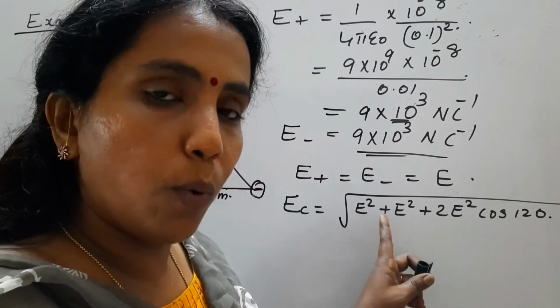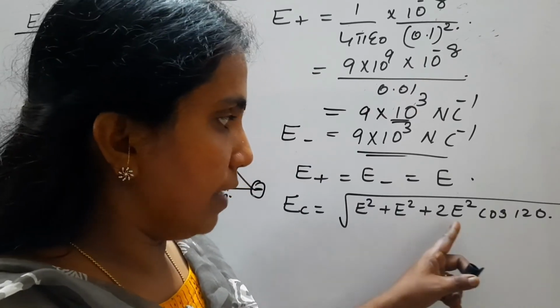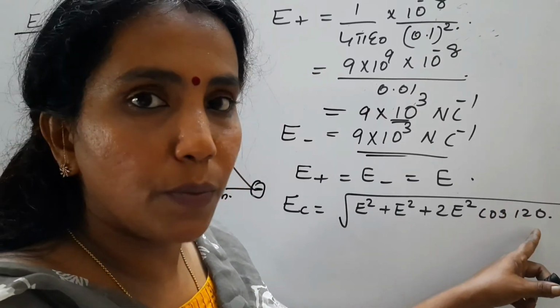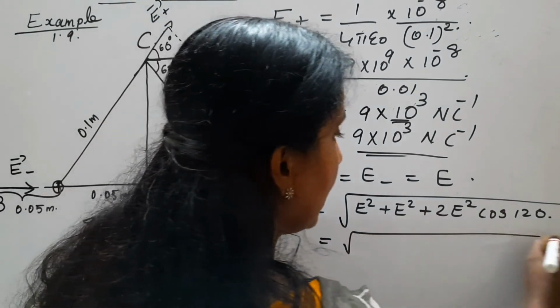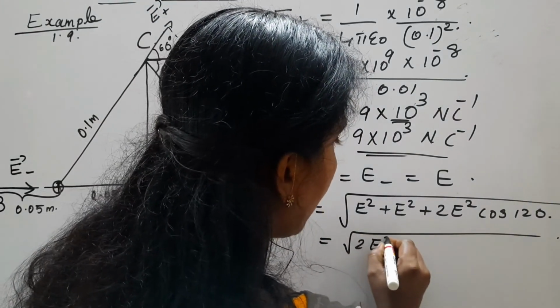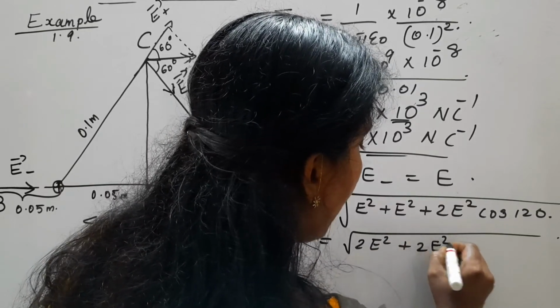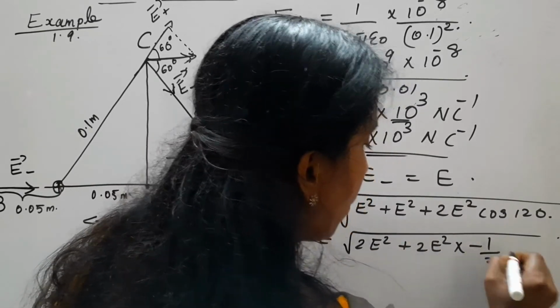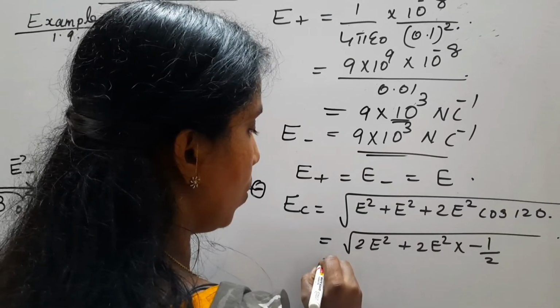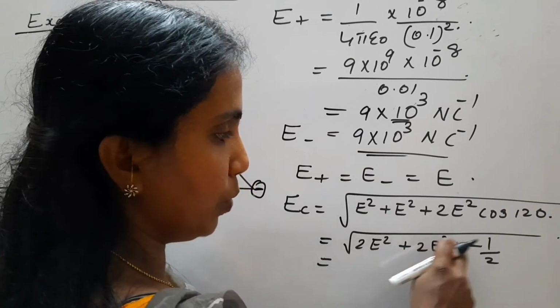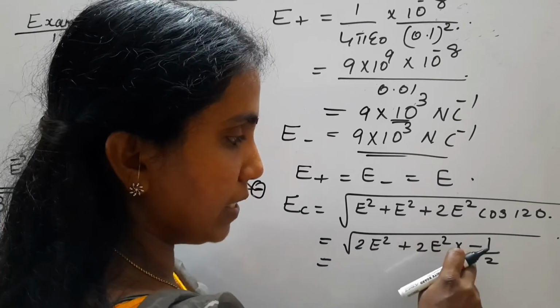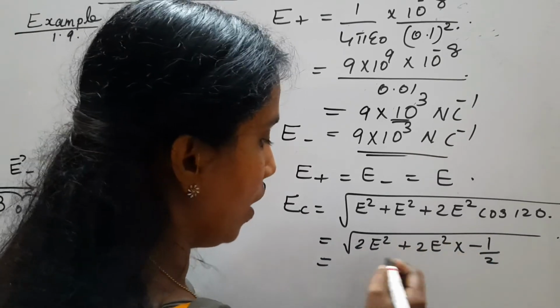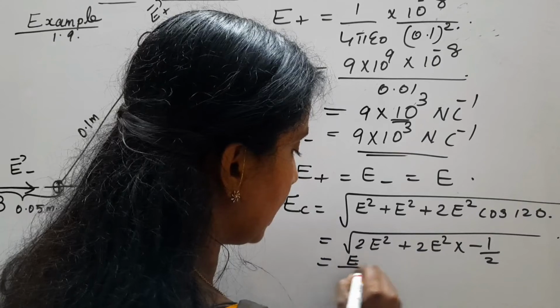A and B are both E. Then angle between them is 120 degree. So when we simplify this, you will get it as 2E square plus 2E square into cos 120, which is minus 1 by 2. So we will get 2E square minus E square, it is E square. Root of E square is E.